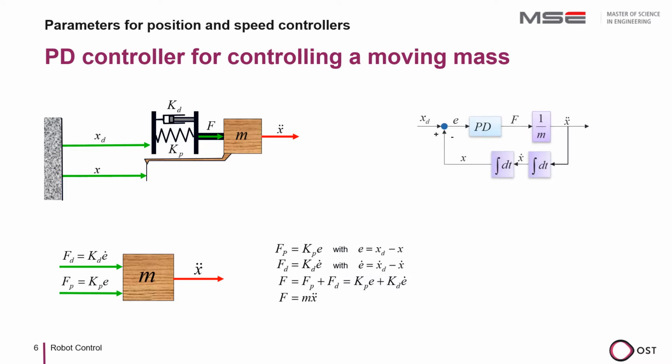This system can now be represented as a controller flowchart, which we already got to know in the video Robot Control Overview in the chapter about PD controllers. Newton's equation can be combined with the equation of forces to form a differential equation. To be able to solve the differential equation, we write it out so that the state variable x becomes visible.